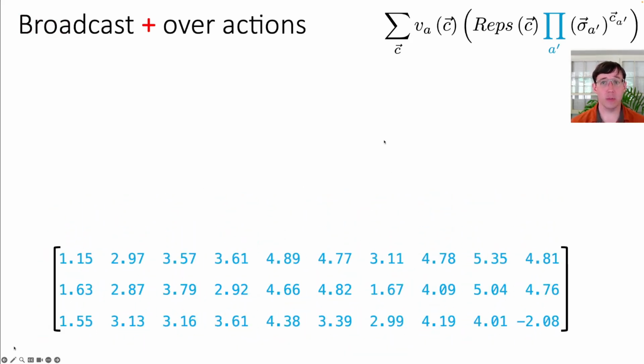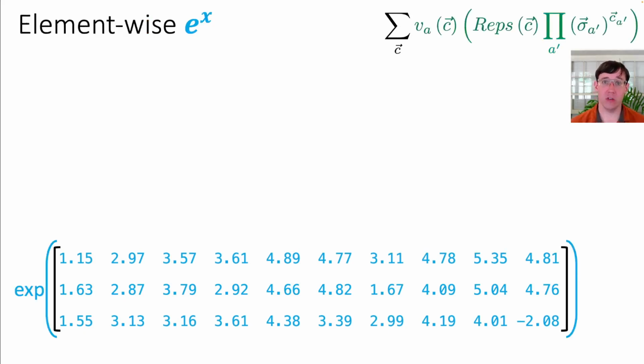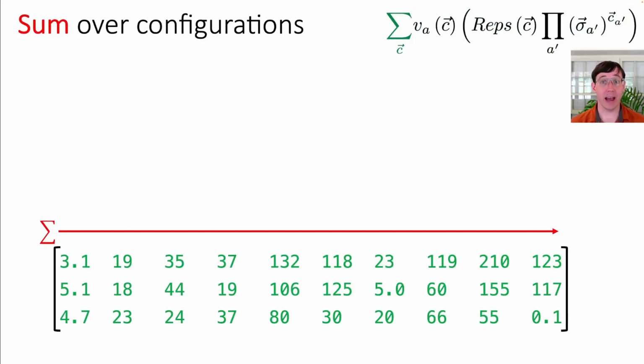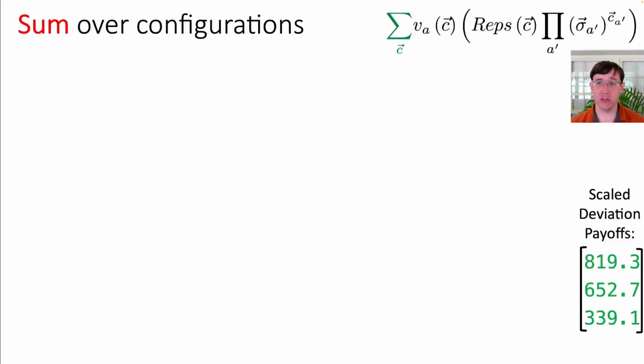And now comes the point where we want to sum over the configurations, but that sum can't be done in log space, so here we need to do element-wise exponentiation to get us back into our fixed payoff range, where we can now sum over the configurations to get the deviation payoffs.